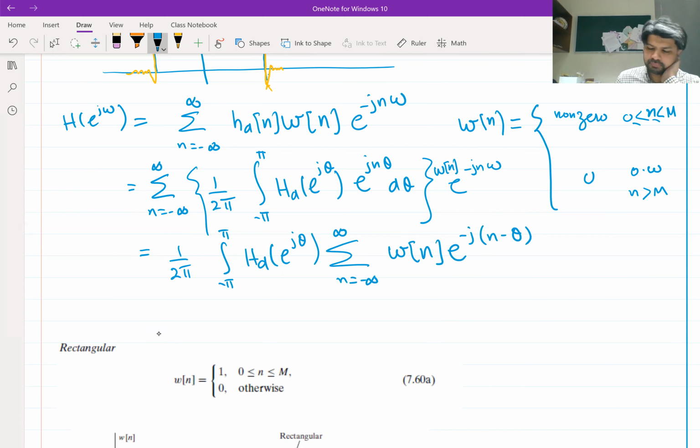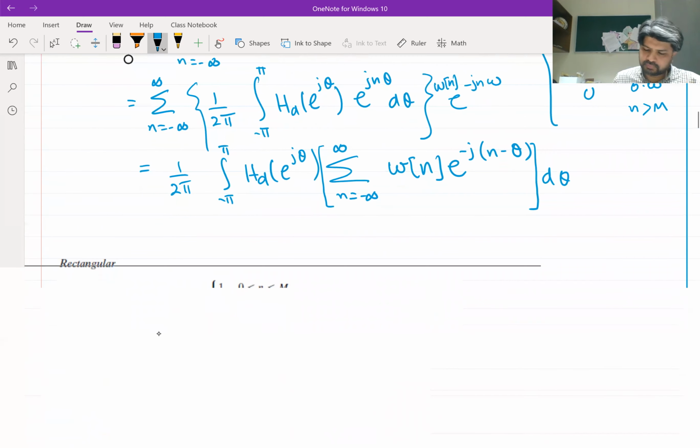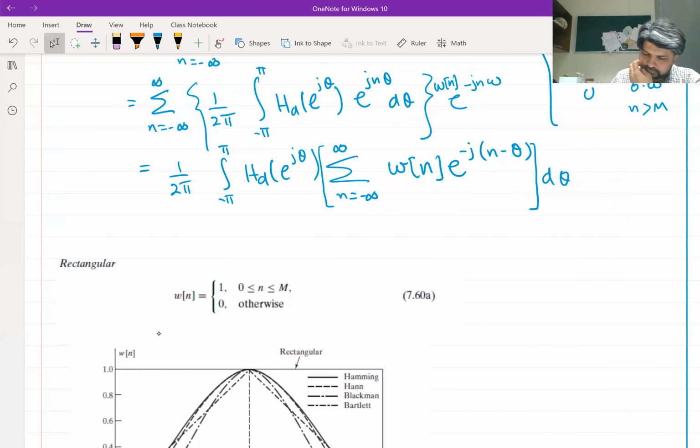Is that right? d theta. But this inner term we can write it as, how can we write it? So that would be equal to 1 over 2 pi integral from minus pi to plus pi hd of e to the power j theta.